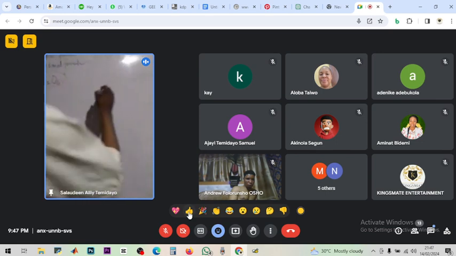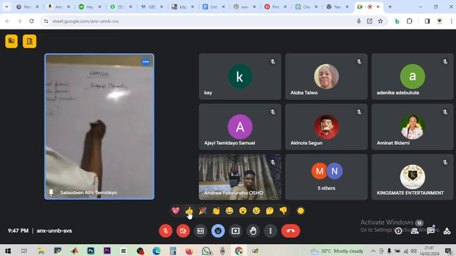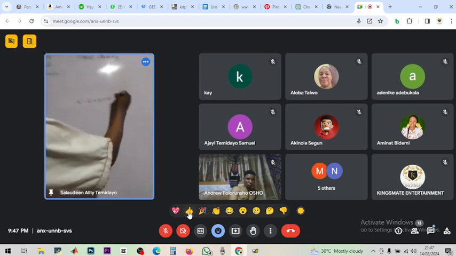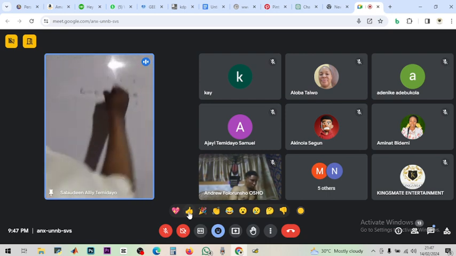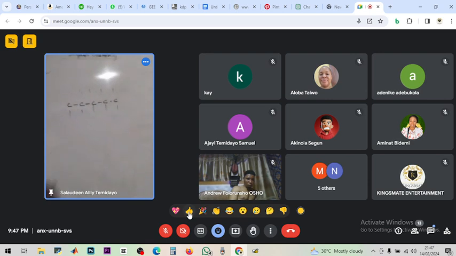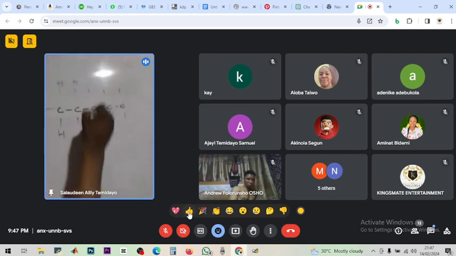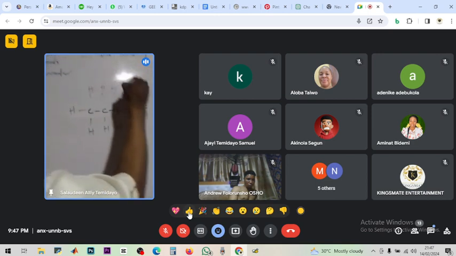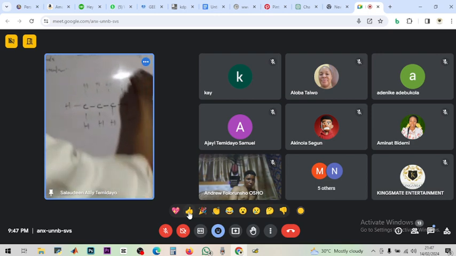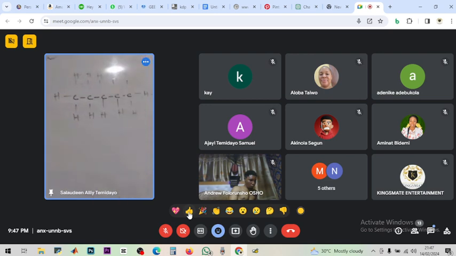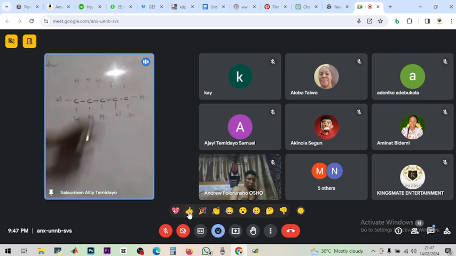This is a compound: C, C, C, C, with hydrogens attached. Before we know nomenclature, it is very important to know this thing.